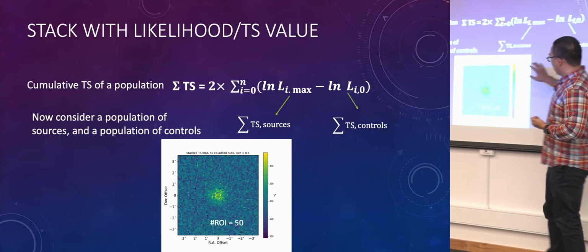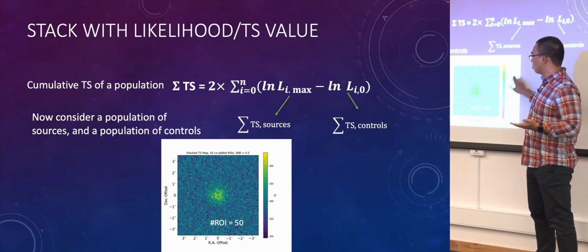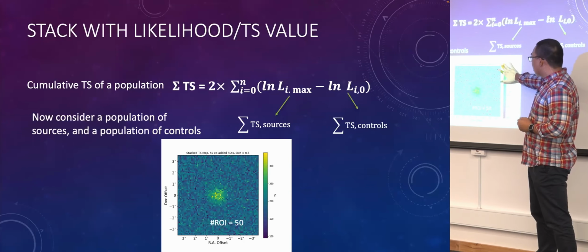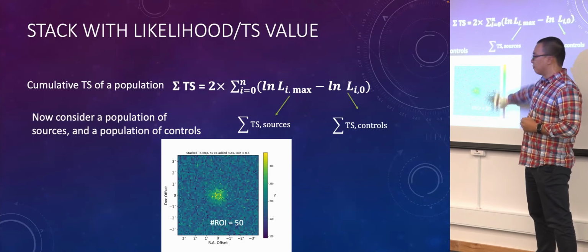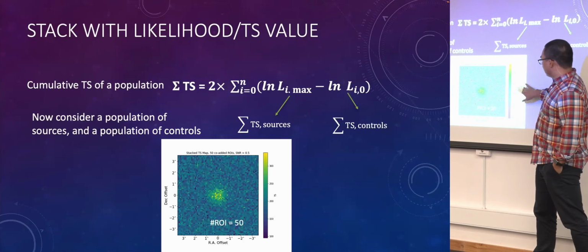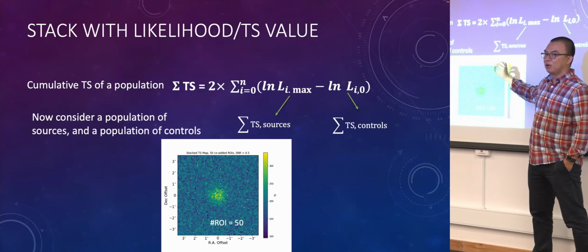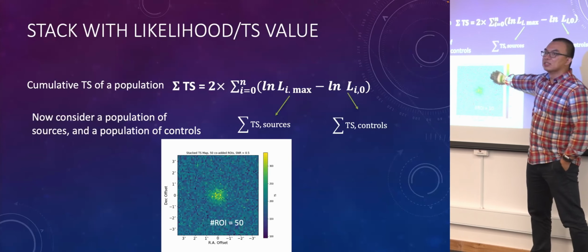This is simulated data with a source with signal-to-noise ratio of 0.5, and that's 50 regions of interest, or ROIs, added together. Each pixel tells you the TS value if there's a source there.